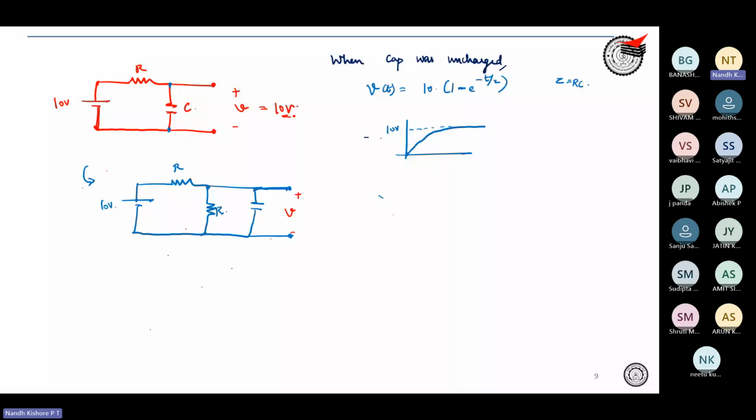Same R, take any value. What will be the voltage across the capacitor? 0? See, forget that the capacitor is not there. What is the voltage across R?